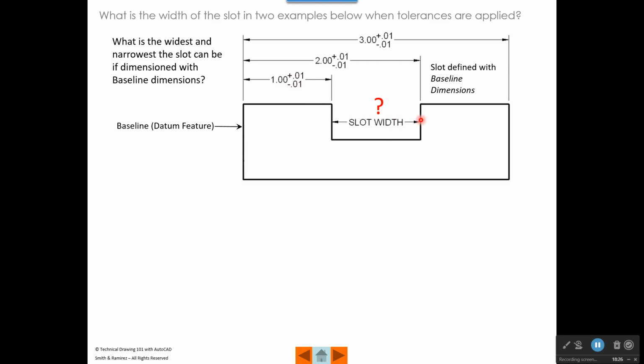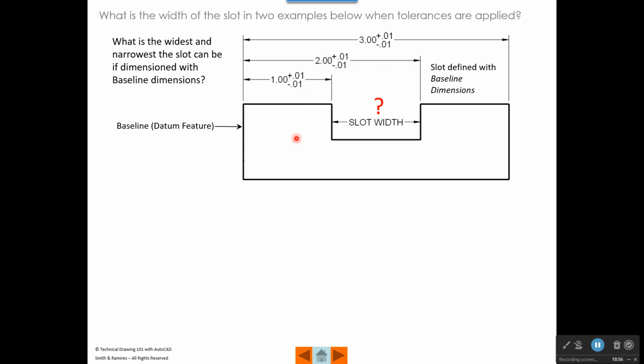On the opposite side over here, because the tolerance of plus or minus 0.01 could be added to the 2, the right side of the slot could move over 1/100 of an inch or move to the left 1/100 of an inch. Depending on where they place the sides of this slot, that will determine how wide this slot can be. And there's quite a bit of variation because there are 2 dimensions that determine how wide the slot will be. So remember, we're using baseline dimensions here.